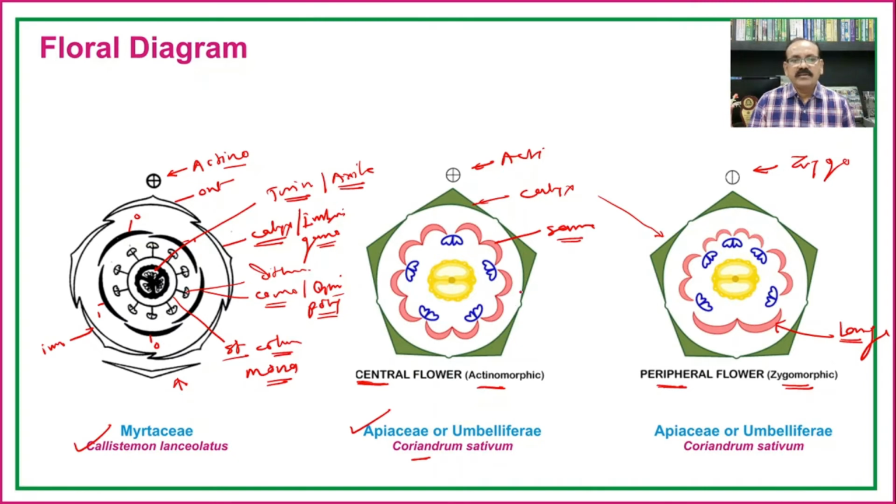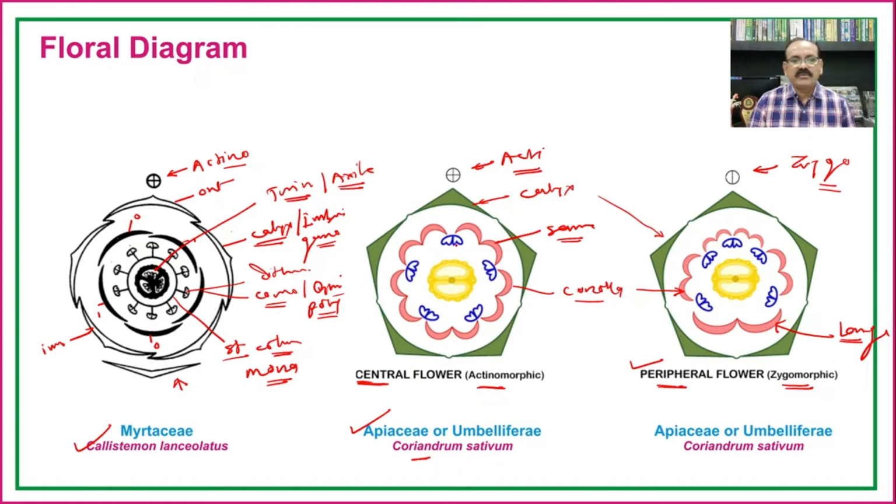Again there is valvate estivation for the petals, that is the corolla, in central flowers as well as peripheral flowers. Only in the central flower the size of all 5 petals is the same, while in the peripheral flowers the size and shape of the petals is different, and because of that these flowers are actinomorphic and zygomorphic respectively.